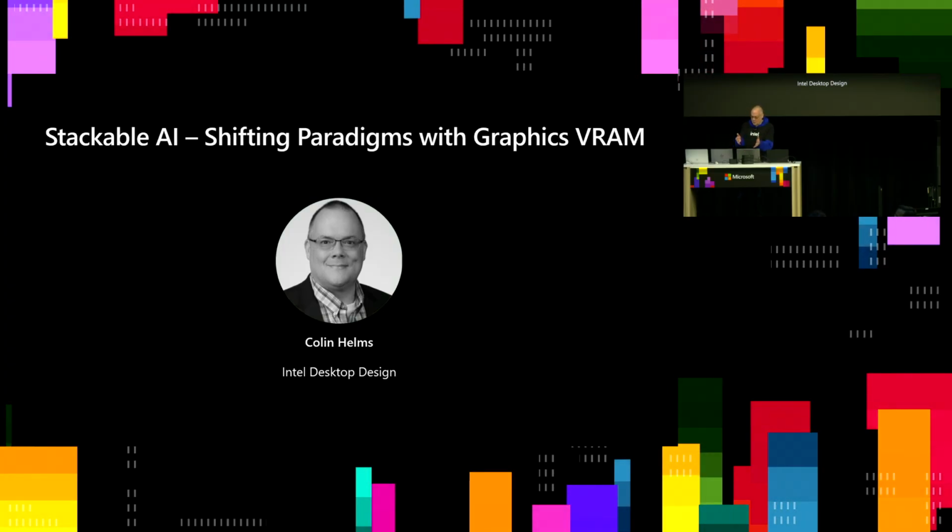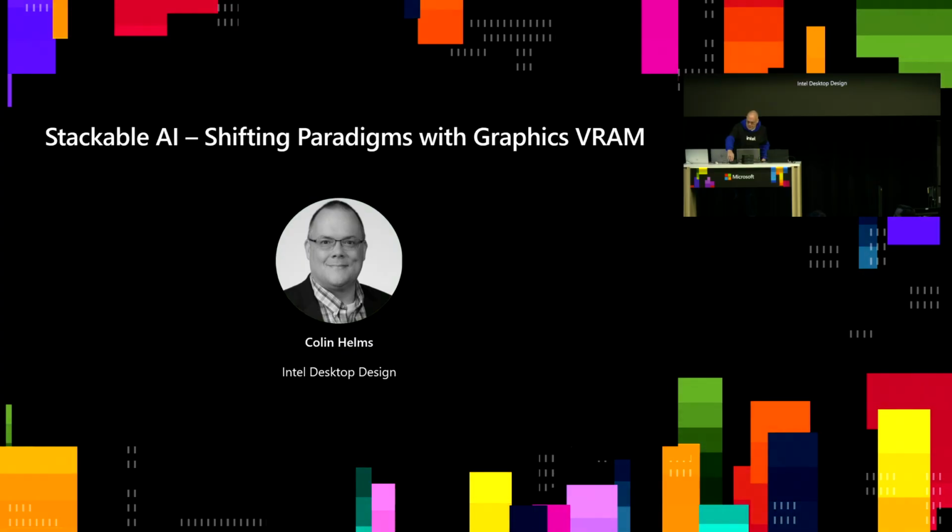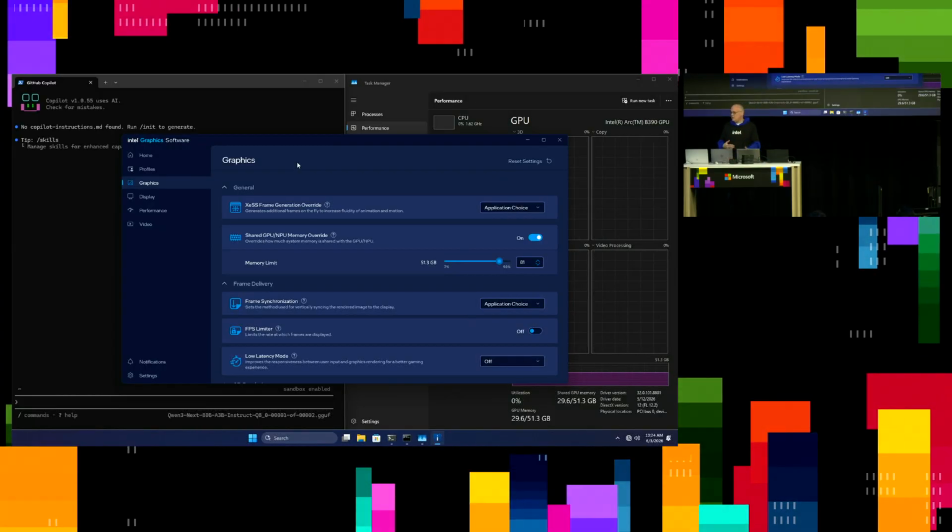And what I brought to show you guys today is kind of how flexible the platform is when it comes to AI. So each one of these, as I said, has our big Arc B390 graphics built into the chip, and they have 64 gig of RAM.